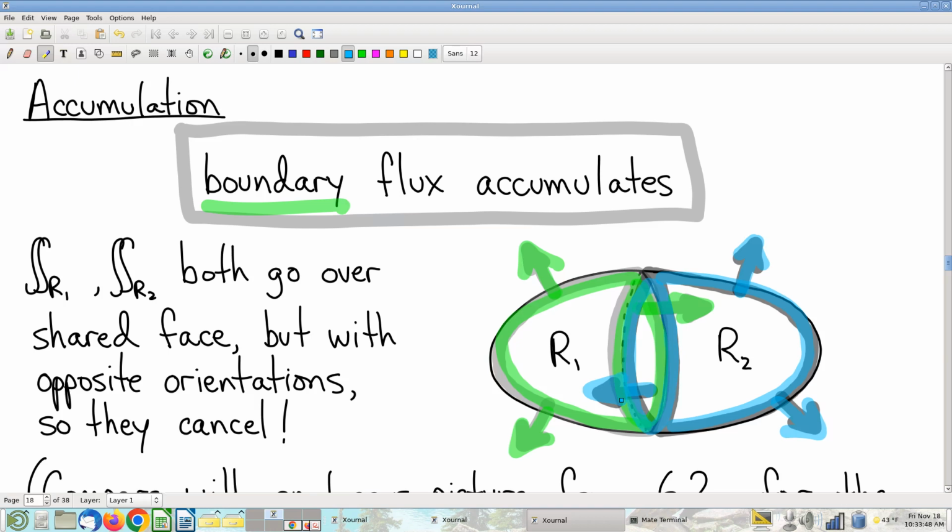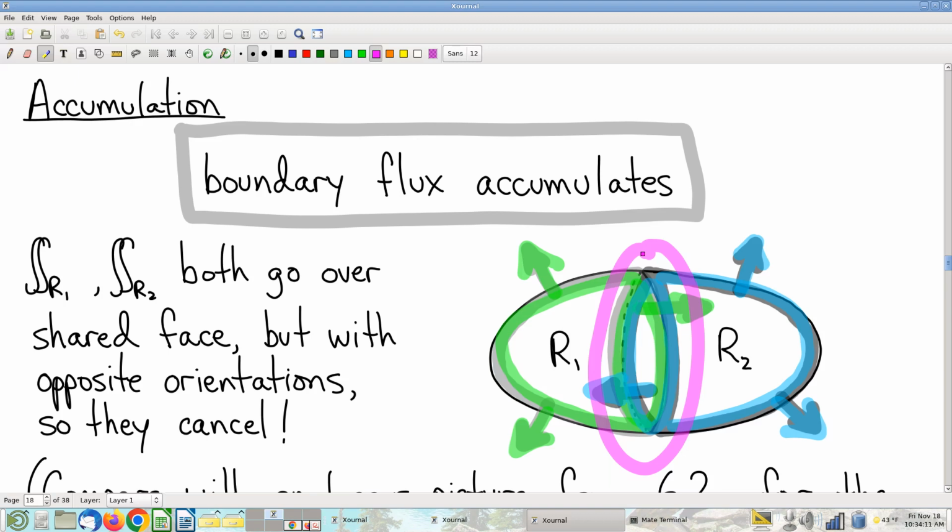Right? So we've got our green, the left side boundary flux. We've got our blue right side boundary flux, and when we add them up, you look at what's going on in here in the middle, and all this is sort of problematic. This isn't part of the boundary of the whole.